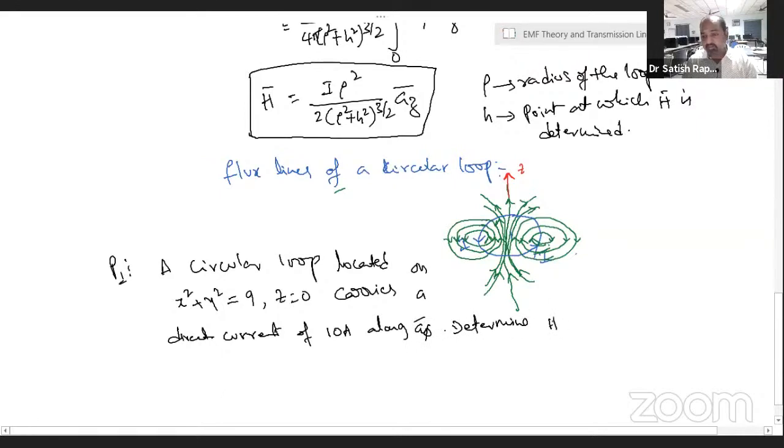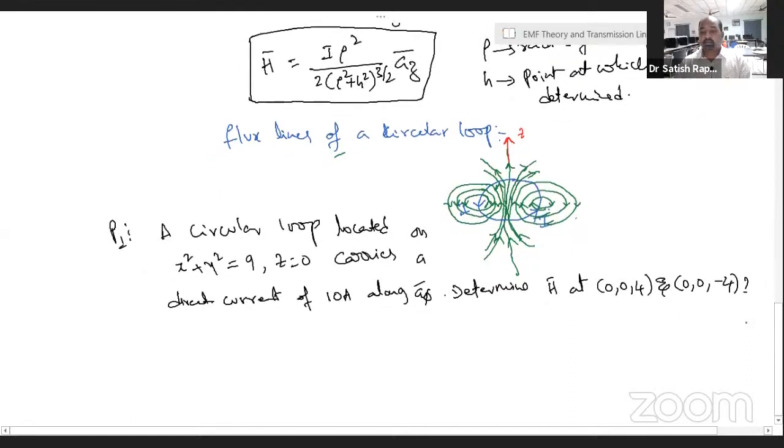Determine the magnetic field at (0, 0, 4) and (0, 0, minus 4). So this is the problem.